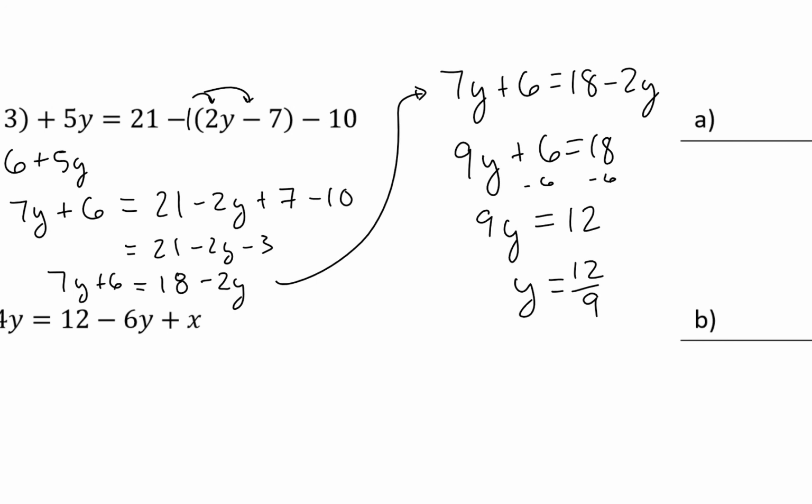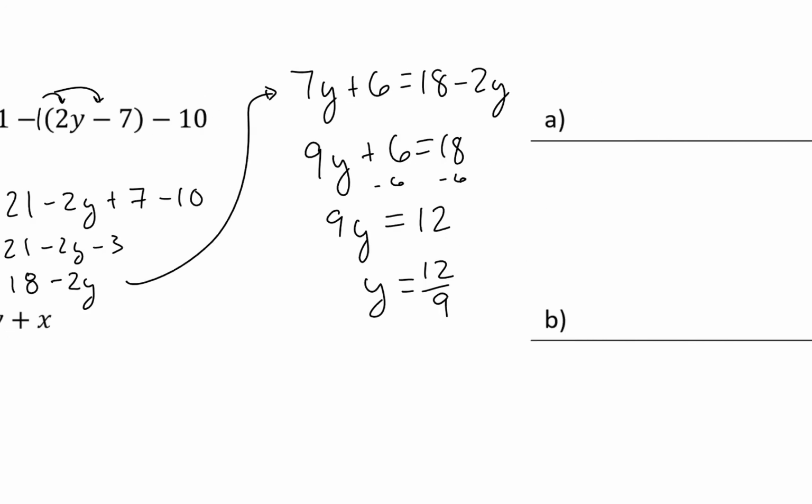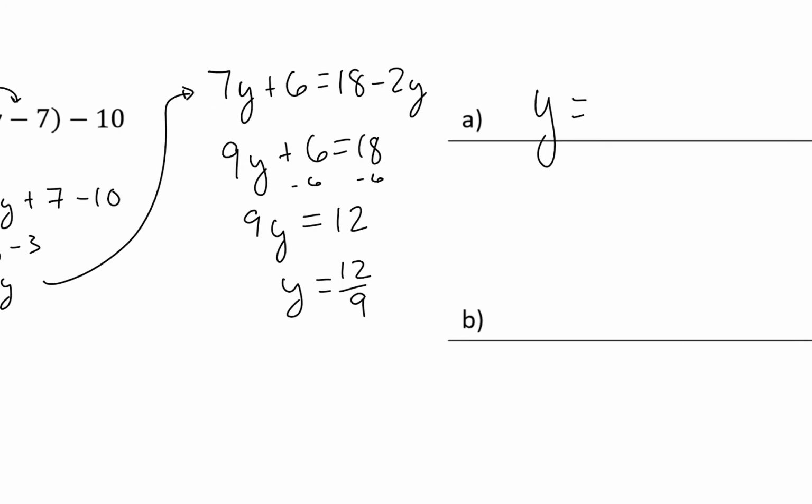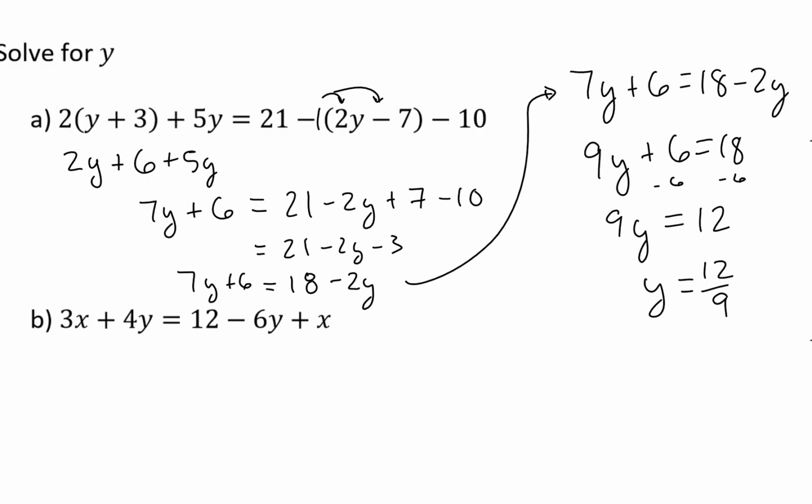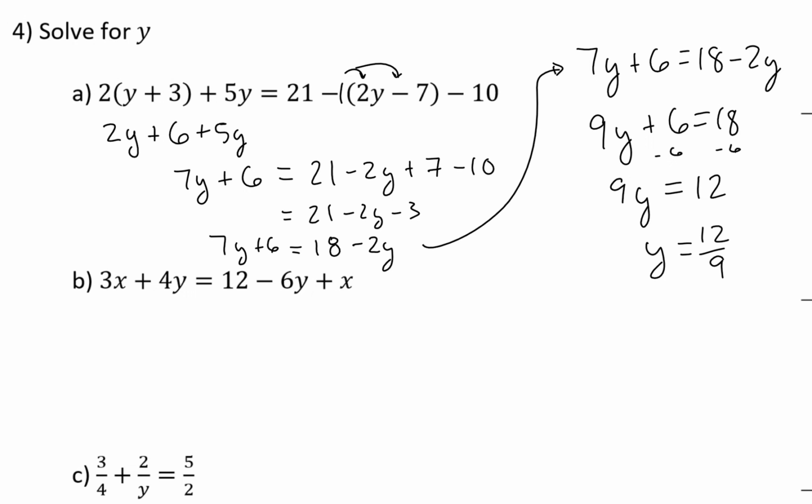Both 12 and 9 can be divided by 3, so I probably should write my answer as y equals, let's see, 12 divided by 3 is 4, and 9 divided by 3 is 3. So y equals 4/3.